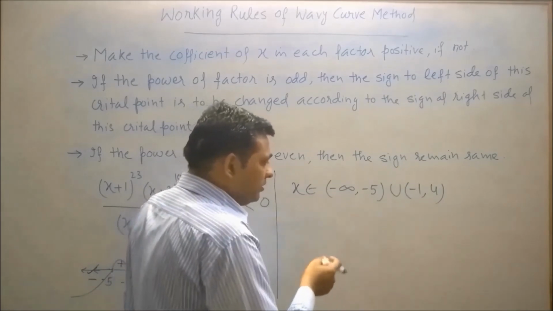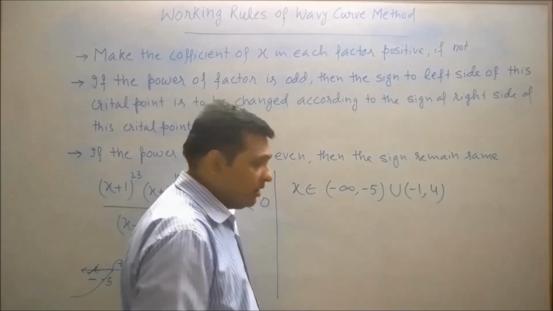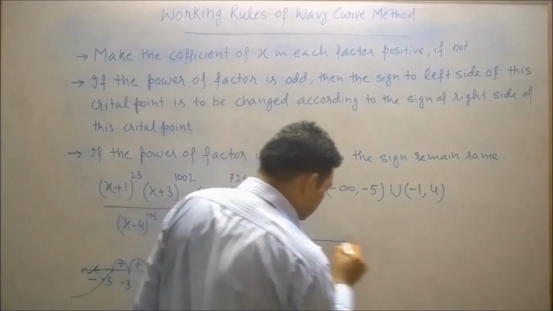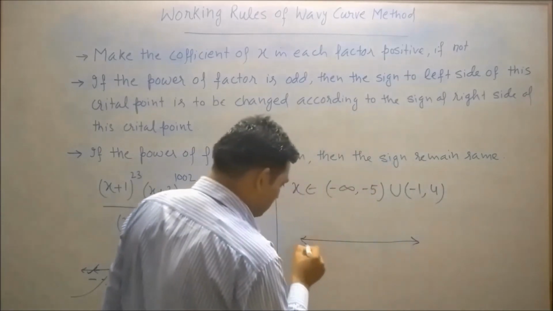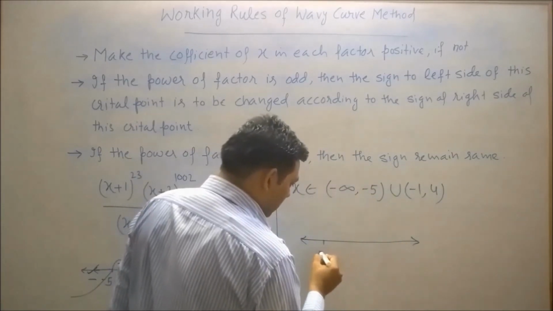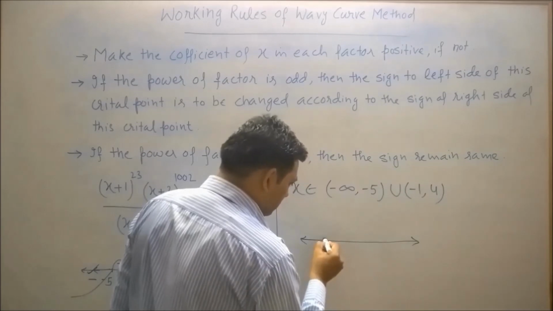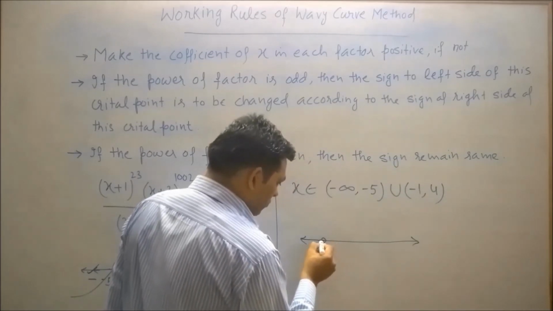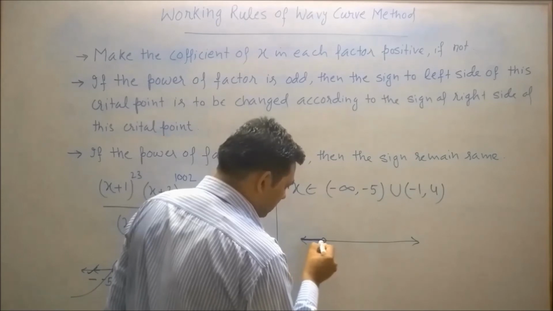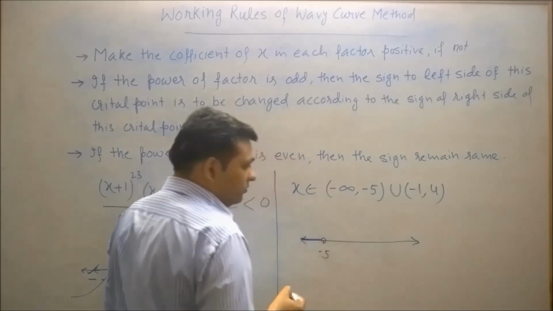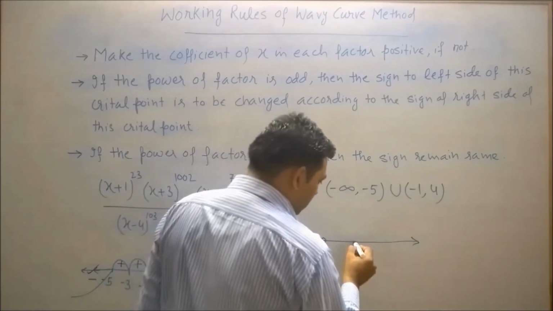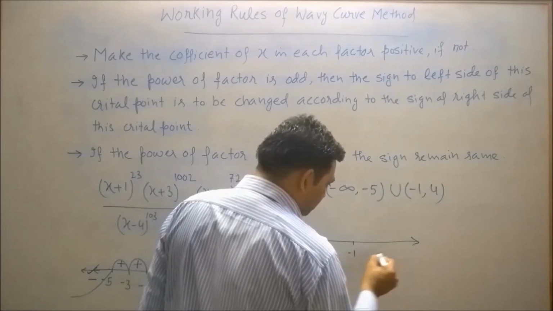So if we want to represent this solution set on the number line, then this will be minus 5, hollow circle, all these points are the solution of the given inequality. Let's say this point is minus 1.